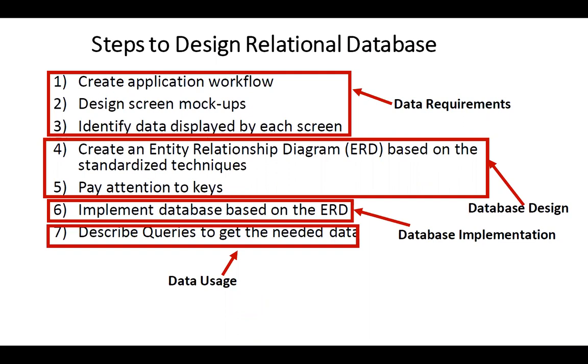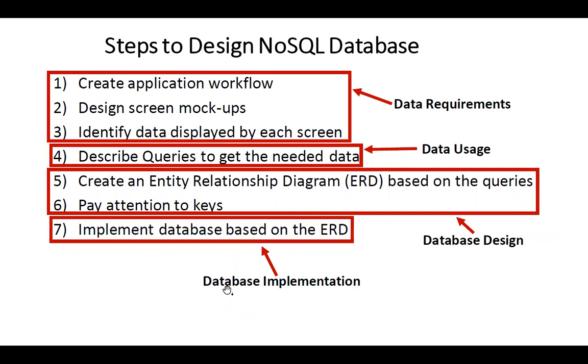Now let's see how we design a NoSQL database. We still have these 7 steps, and I want to go back and forth 2-3 times, and I want the class to see whether there is any difference between these 7 steps.